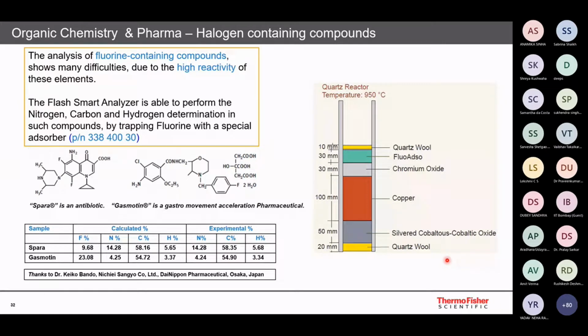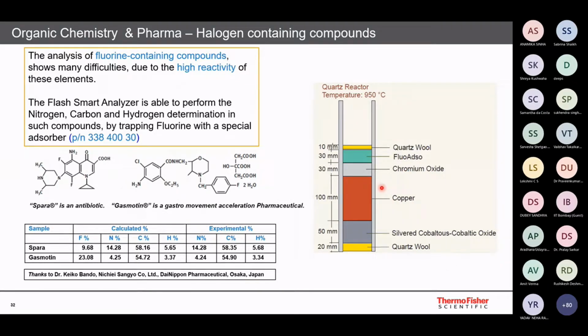And if you have that type of sample, Thermo has prepared a fluorine absorber. The part number is also available. You can use that part number and order it. But remember, due to that fluorine absorber, you can't analyze sulfur. You can analyze only carbon, hydrogen, and nitrogen, because the fluorine is absorbed.